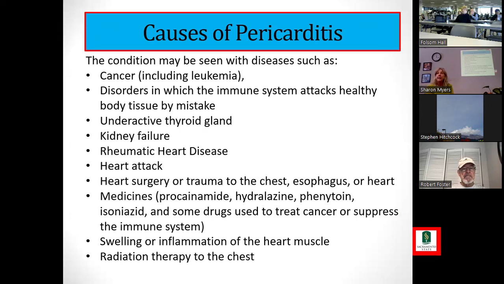You can get pericarditis if you have a heart attack because the whole heart is inflamed, including the lining around the heart. It's common to happen after heart surgery. If you have bypass surgery, you can end up with some pericarditis for a period of time that they have to treat. Also, if you get radiation therapy to your chest, you can develop pericarditis.